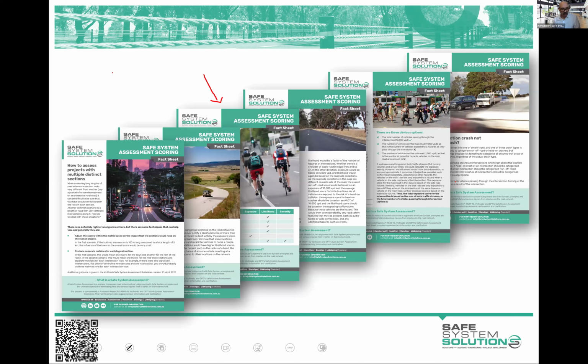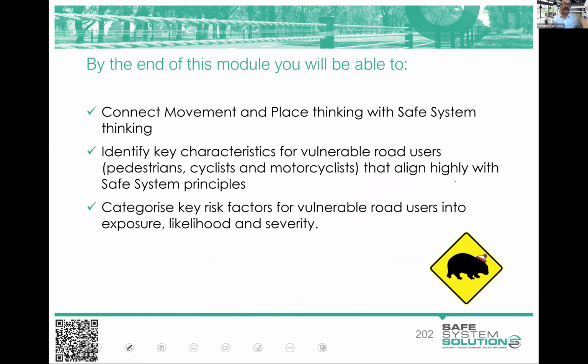We will take a little break shortly to have a stretch, but I will start our discussion about vulnerable road users, and we did spend those first 2 modules with a little bit more focus on passenger vehicle crashes, trying to establish some of the fundamentals of this thinking. And now I'm going to delve into vulnerable road users.